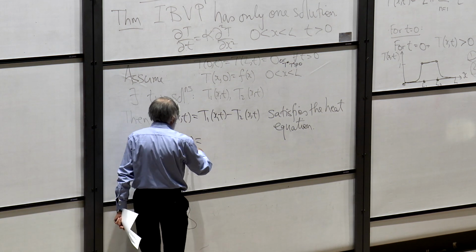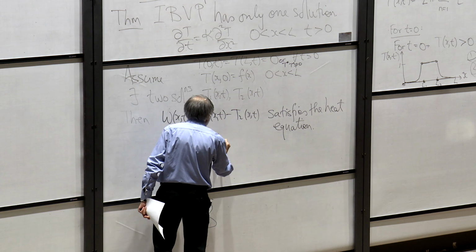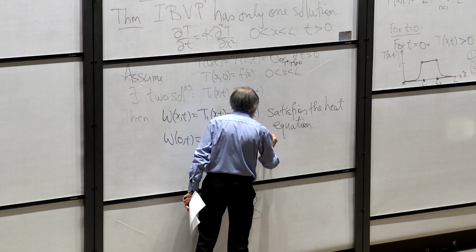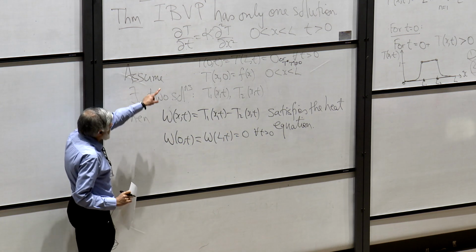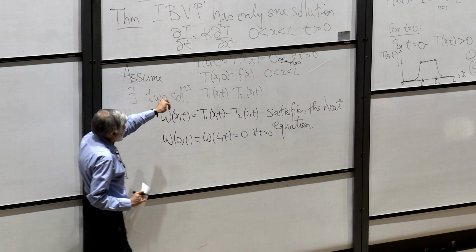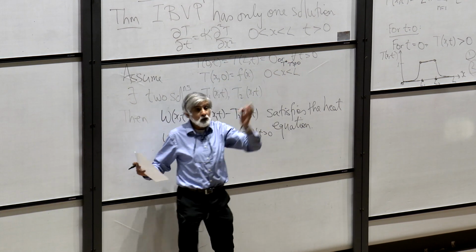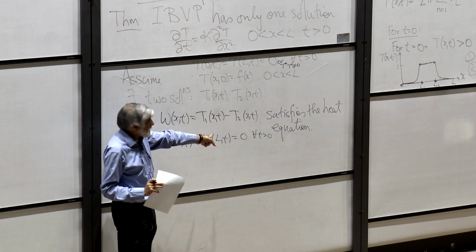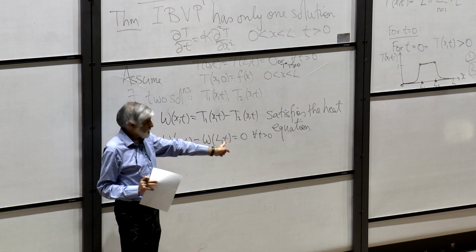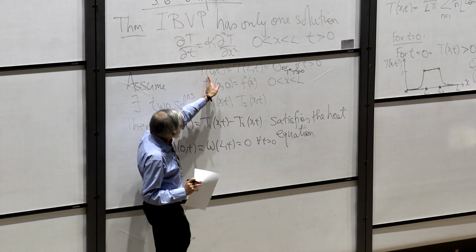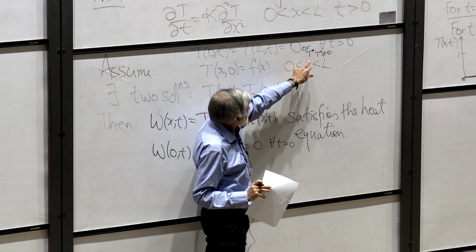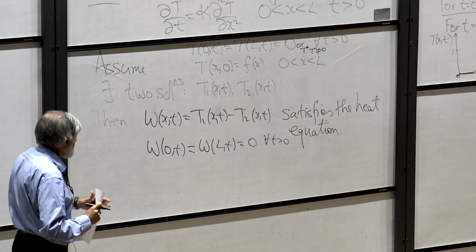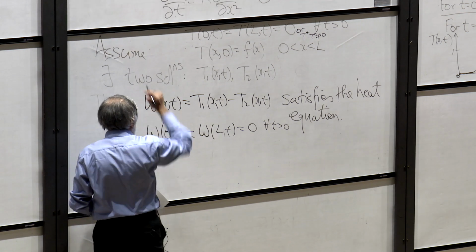So w(0,t) equals w(L,t) equals 0 for all t bigger than 0. Okay? So if T is fixed on the boundary, whether it's fixed at 0 or at some positive value, then w will be 0 on the boundary, because T1 and T2 will have to be the same value at the boundary, so T1 minus T2 will be 0 at the boundary. And what about initial condition?